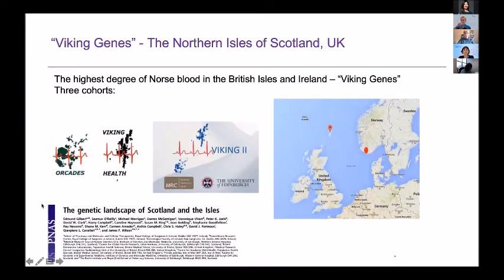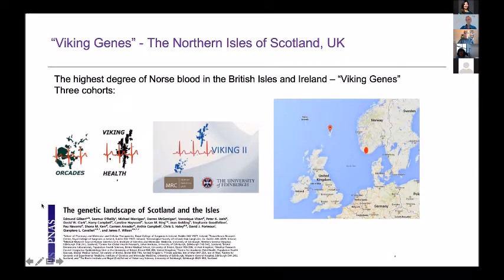So the Viking Genes get their name because we are recruiting people with ancestry from the Northern Isles of Scotland, that's Orkney and Shetland. There's the map of Northern Europe there, and the red blob is Shetland. I seem to have lost my other red blob, but directly below that is Orkney.